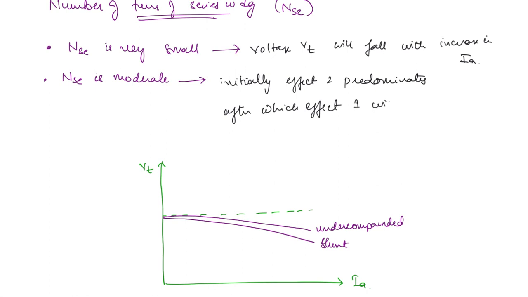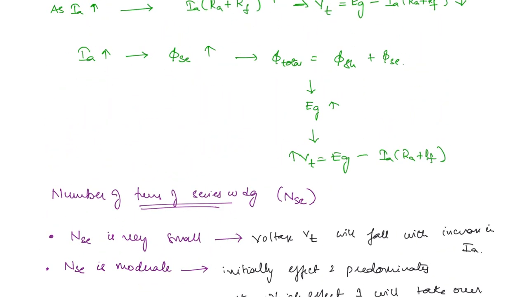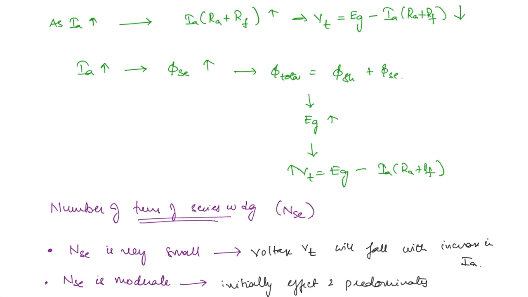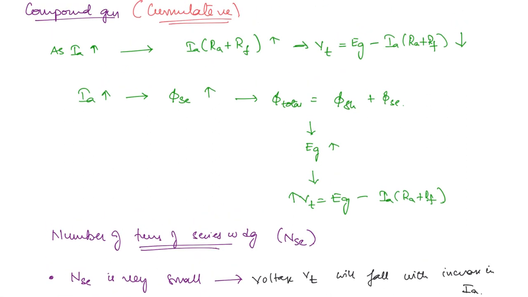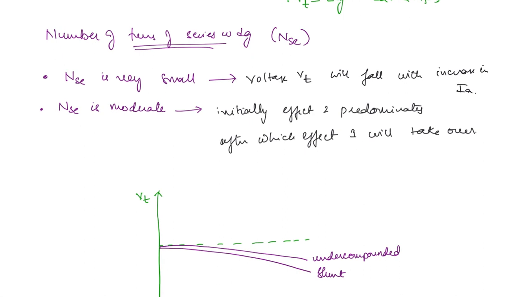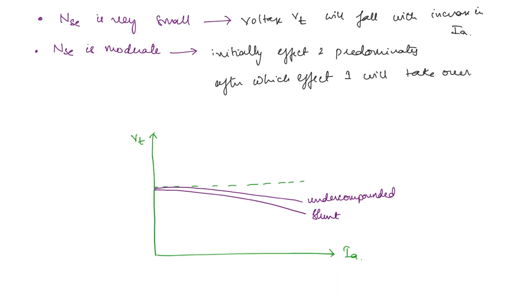Effect 1 will take over. Effect 2 predominating means the resultant is an increase in terminal voltage with an increase in armature current. But beyond a certain point, the first effect will start to take over, and in that case Vt will start falling. So how will the characteristic be? It is going to first increase and then start to reduce.